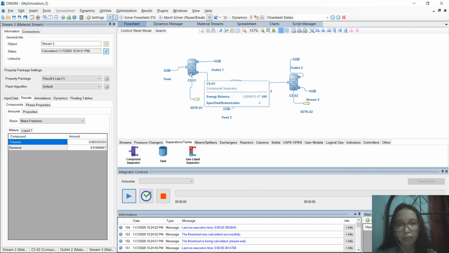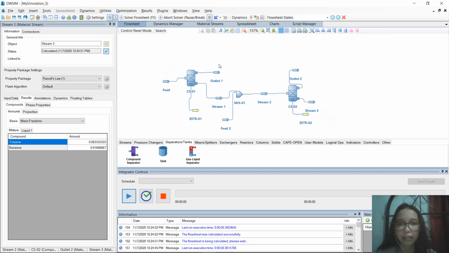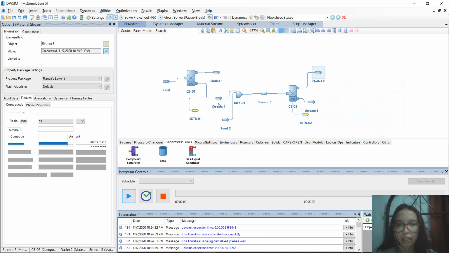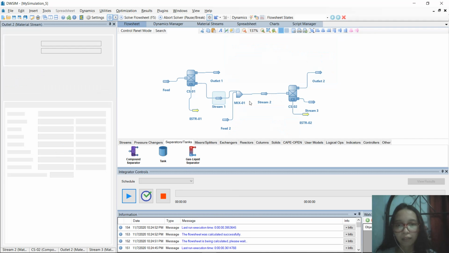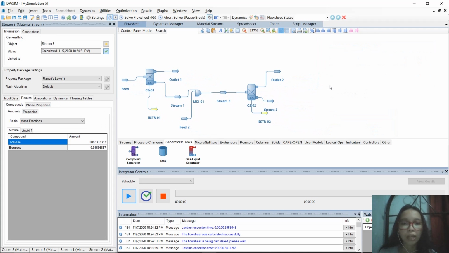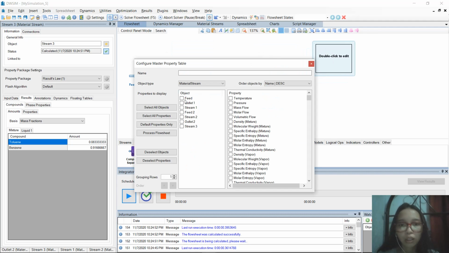You can see we have used 3 columns, and we have inputted all of the streams. And finally, we have the stream 1, stream 2, and stream 3. So to summarize our simulation, we're going to add a table and check all of these streams.